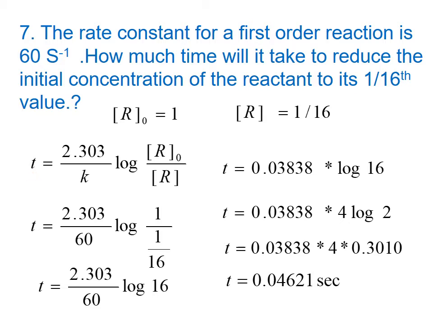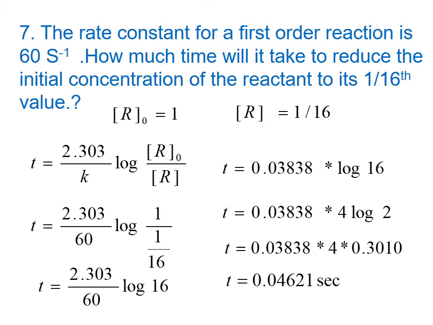T is equal to 2.303 by K log R0 by R. Then T is equal to 2.303 by K. The rate constant is given, and the value is 60 per second, into log R0 by R. What is the value of R0? 1.